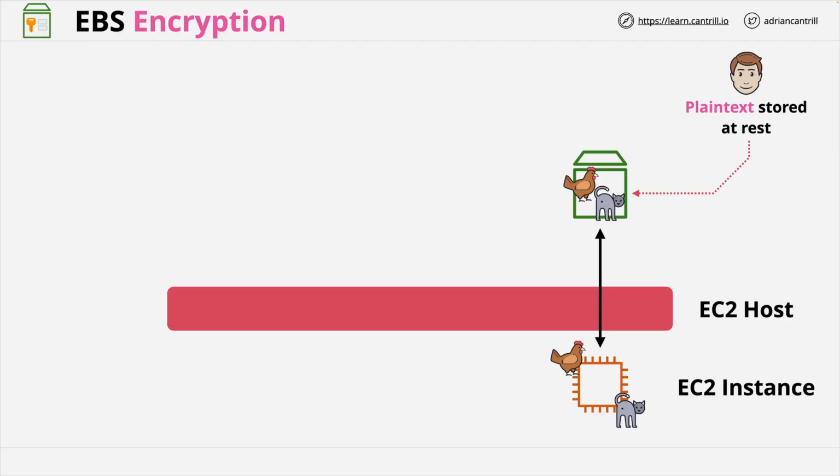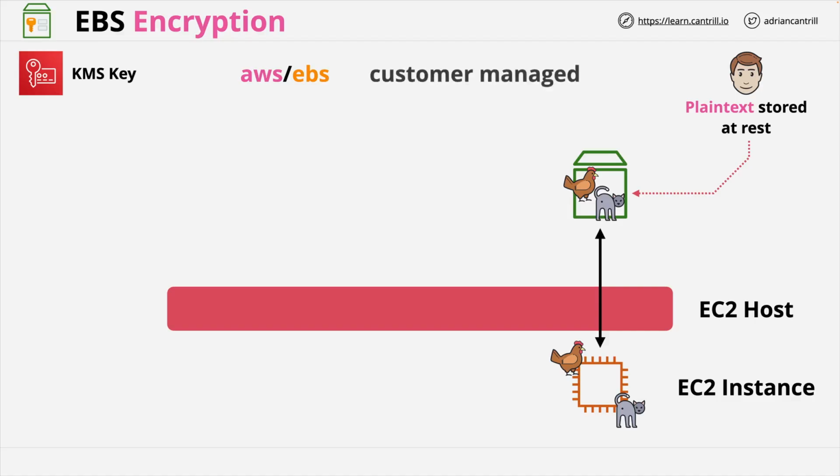Now, when you create an encrypted EBS volume initially, EBS uses KMS and a KMS key, which can either be the EBS default AWS managed key, so this will be called AWS/service name, in this case EBS, or it can be a customer managed KMS key that you create and manage. That key is used by EBS when an encrypted volume is created.